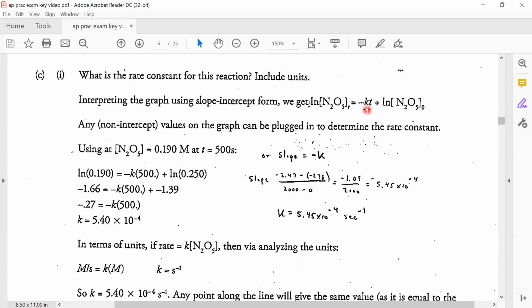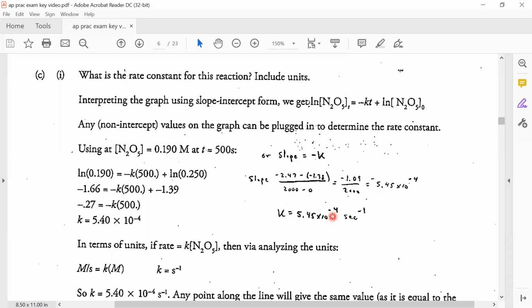So I know the slope is going to be negative k, and you can certainly go ahead and try a couple examples and plug it in. I like to go through the slope and just take my values from the table, and then subtract. I think this was the time and these were the natural log values, and I subtract, I get a negative number here, but slope is a negative k, so a negative negative, I should get a positive value for k, and I do, even though it's toward a 10 to the negative 4th, which is a small number.